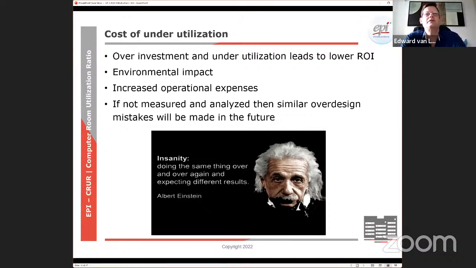For enterprise data centers, that might be less painful compared to commercial data centers, who obviously need to earn everything back out of the racks that customers place in their environment. But apart from that, it has an impact on the environment as well, not only from a build perspective, because we're overusing material and equipment, but also from a daily operational expense, because that creates a lot of inefficiencies.